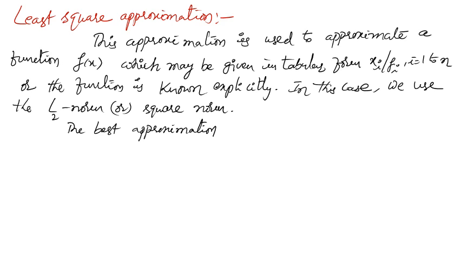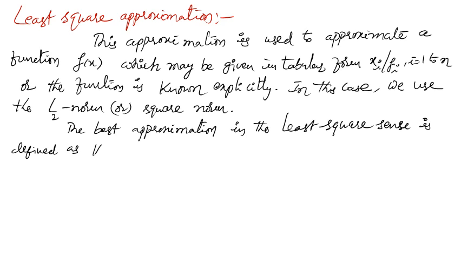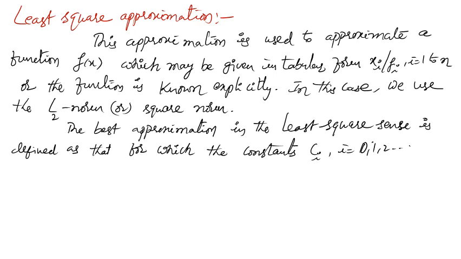In the least square approximation, the least square sense is defined as that for which the arbitrary constants ci, i equals 0, 1, 2 and so on, and you know the approximation function, c0 phi 0 plus c1 phi 1 plus cn phi n.